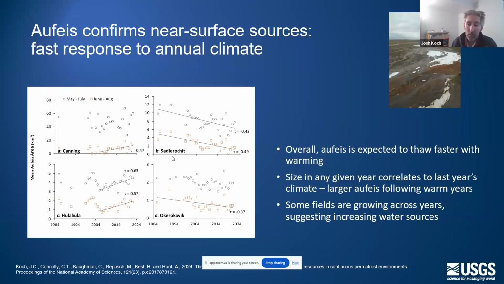So again, pointing to potentially more subsurface dynamics and changes to the way that water is routed through the subsurface. This could be an indication that we are having thickening of this talik and more connectivity in these shallow suprapermafrost soils that's allowing more water to make it to these aufeis fields and freeze over the winter months.